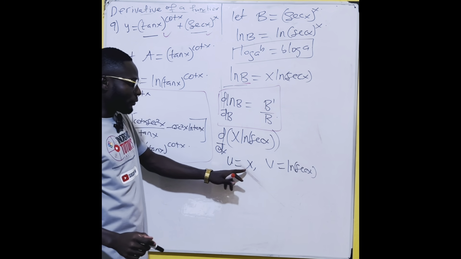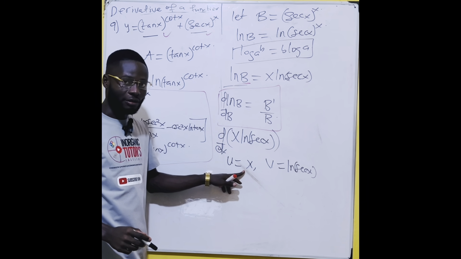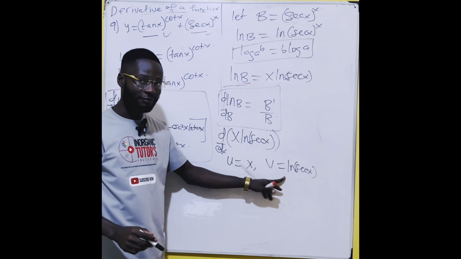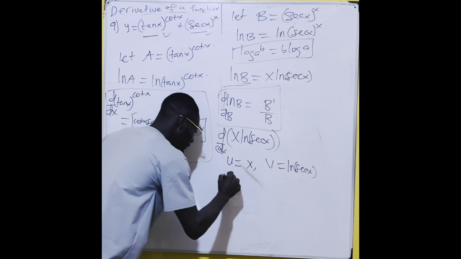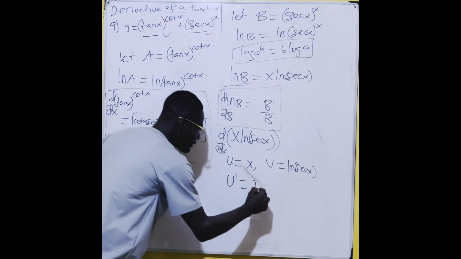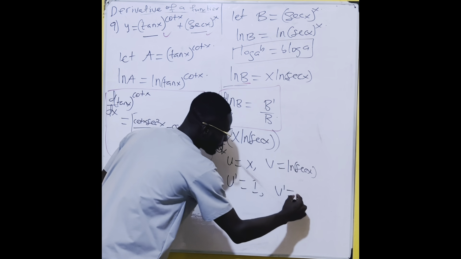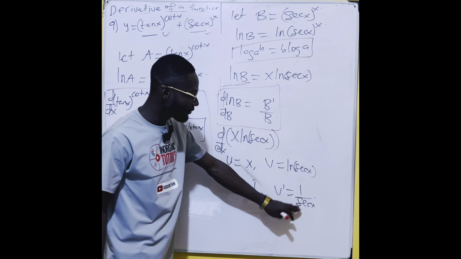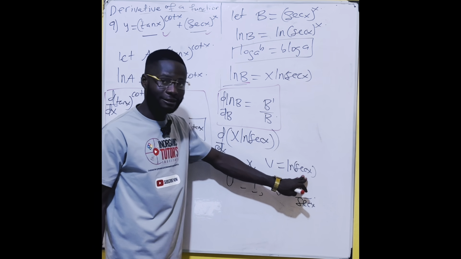And we know that we have to find our u prime, we have to find our v prime. So our u prime is equal to 1, and our v prime is equal to, we know that derivative of sec x is sec x tan x.